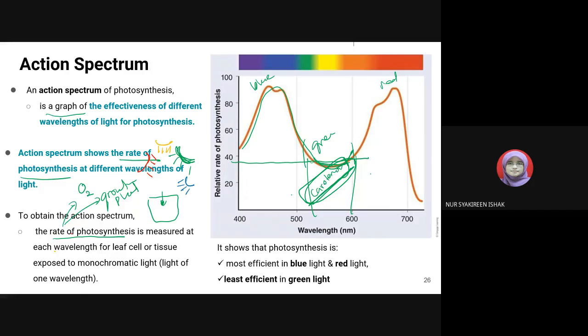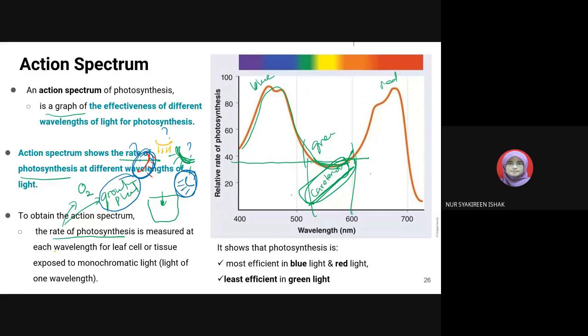Okay, so antara keempat cahaya ni, mana yang akan show growth yang paling efektif, yang paling banyak, kan? So kalau dia show growth yang paling tinggi for red light and also blue light, shows that the rate of photosynthesis is most effective under red light and also blue light.